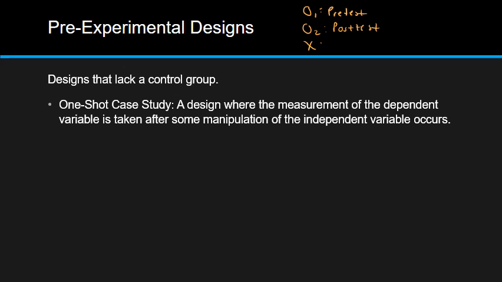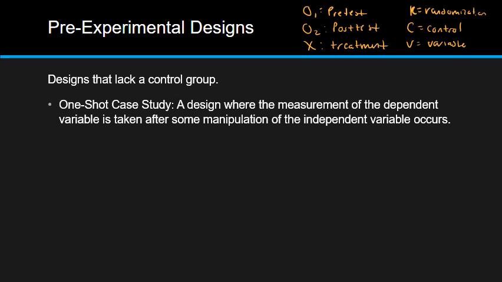Then we have X, the treatment or the intervention, whatever it is that you're doing, whether it's the training, a pill, whatever. Let R be randomization. This is just notation so you can understand my charts. R is randomization, and then C is the control group, and then V is the variable group, or the comparison group. I'm just using V because it's easy, because two C's is too confusing.